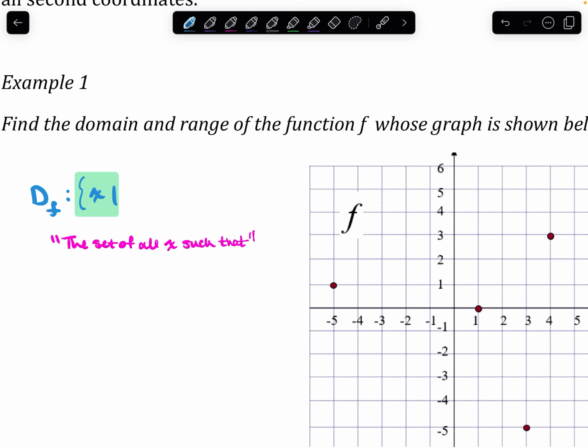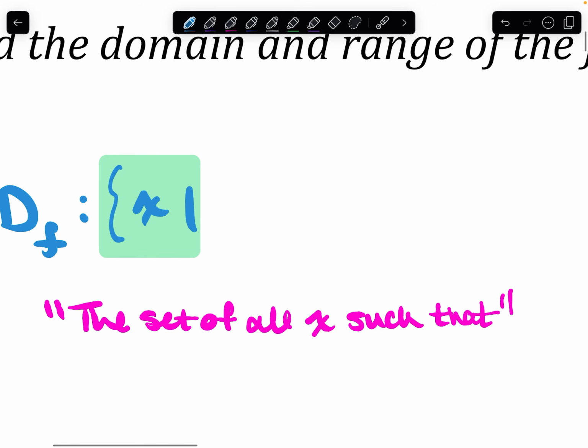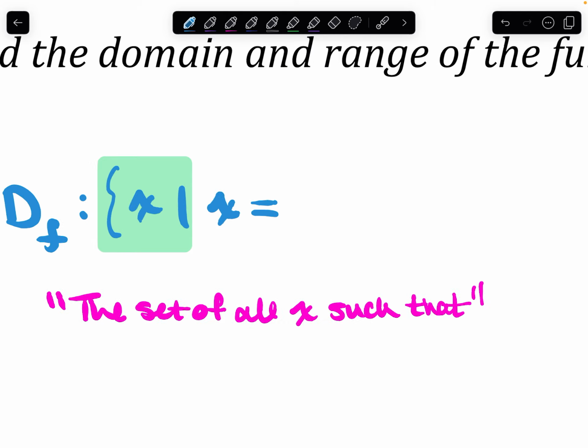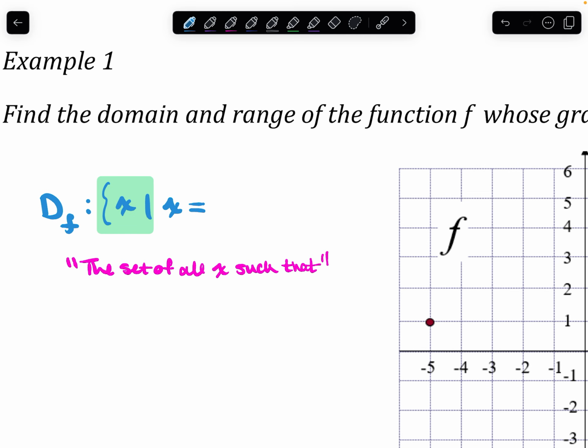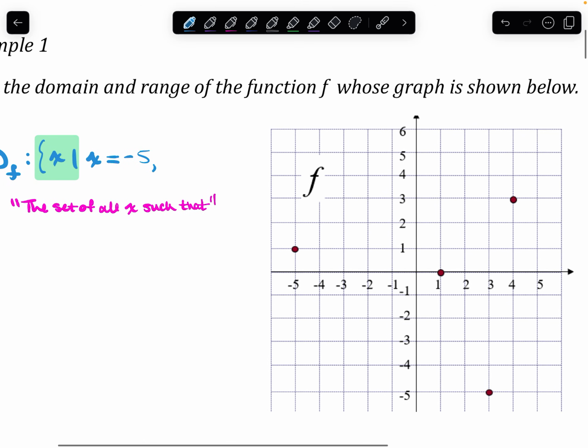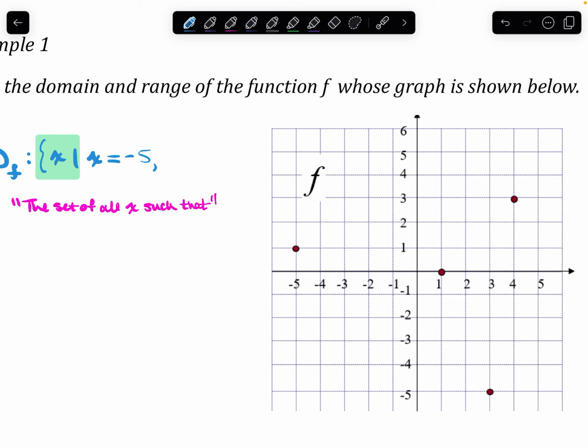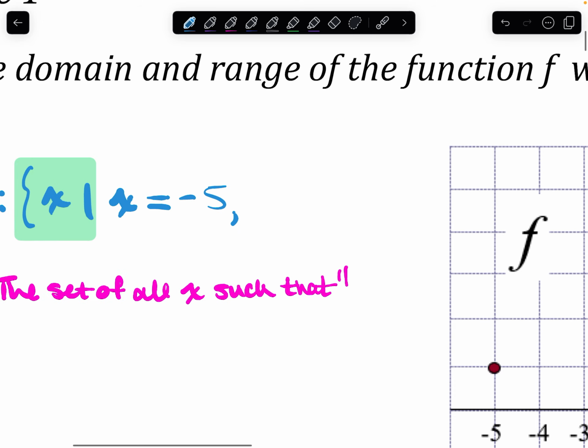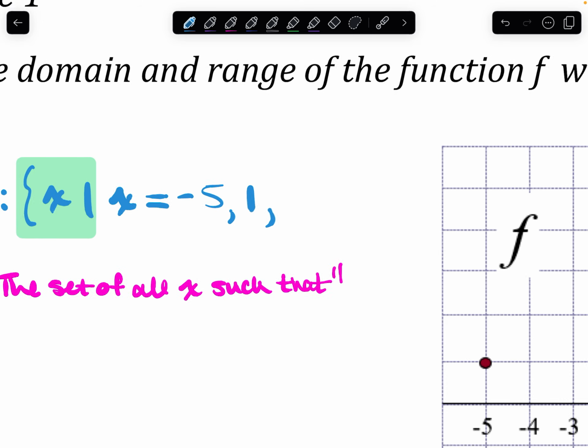I'm just going to go from left to right. The set of all x such that x is only allowed to equal specific values, since we only have points. The first x value I see I'm allowed to equal is -5, and I just separate each by a comma. Then if I keep moving to the right, the next point I see that x can take on is 1, comma.